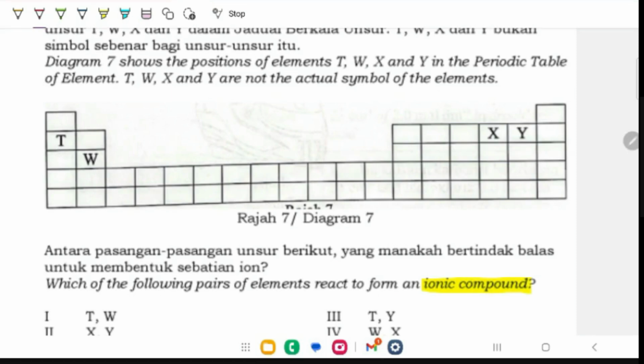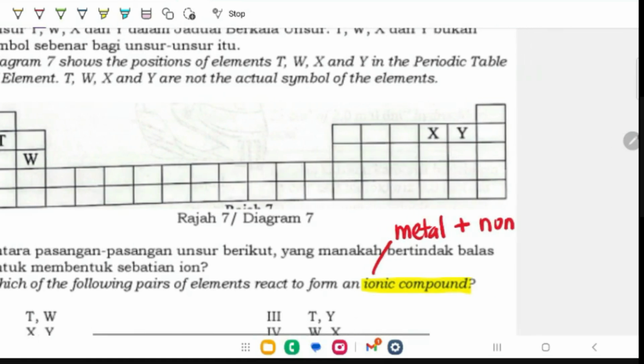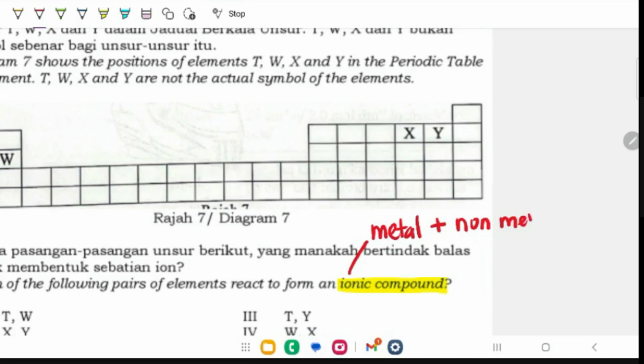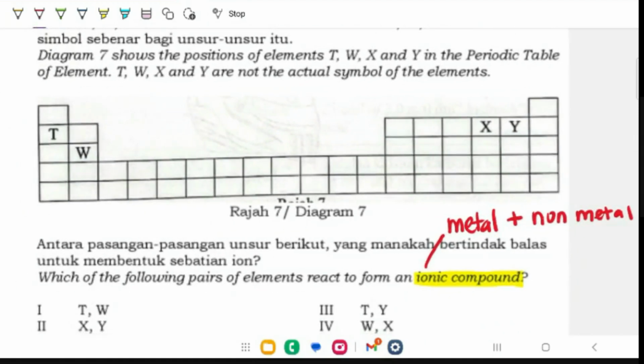Ionic, okay, we can write out first. It must be metal with non-metal, right? Metal with non-metal. So where is the metal group?